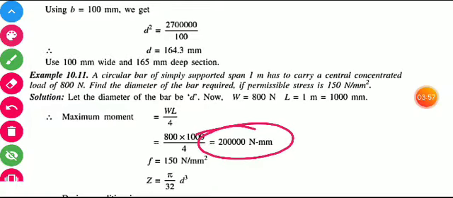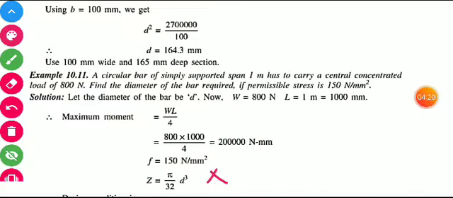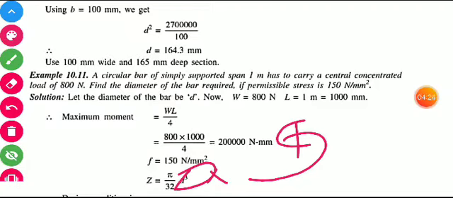Then the next step, the permissible stress is given as 150. So we multiply this permissible stress by the section modulus, equate it to the maximum moment WL by 4, and find D.